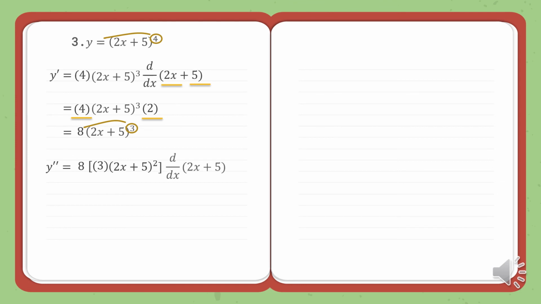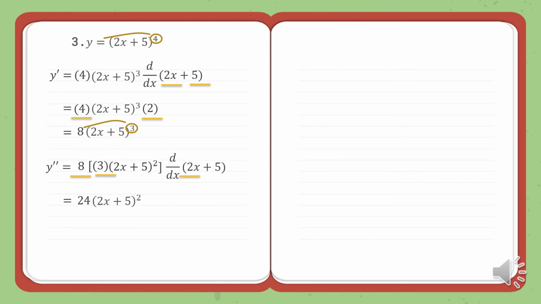Okay? Then, we'll multiply the inside function 2x plus 5. Simplify natin by finding the derivative of 2x plus 5. So, copy muna natin si (2x plus 5) raised to 2 at i-multiply natin si 8 and 3. So, 8 times 3 will give us 24. Then, we'll copy (2x plus 5) raised to 2.